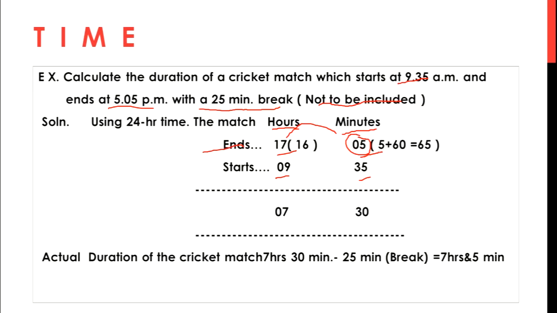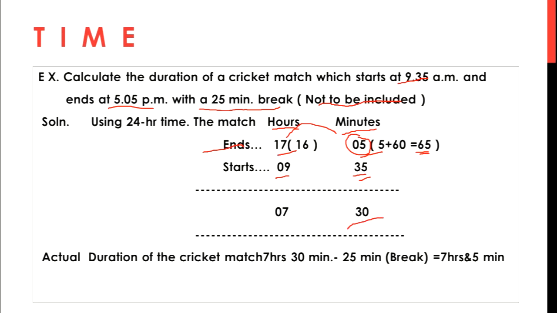Therefore 5 minutes becomes 60 plus 5, 65 minutes. Now 35 minutes you have to subtract from 65 minutes, because from 5 minutes you cannot subtract 35. Now you have understood it well. Therefore, subtracting 35 from 65 gives you 30 minutes.